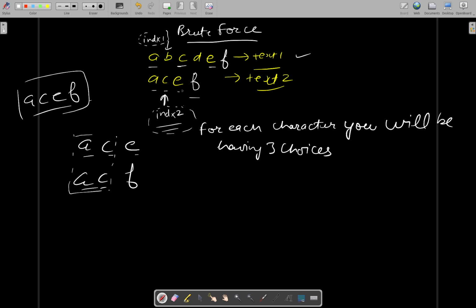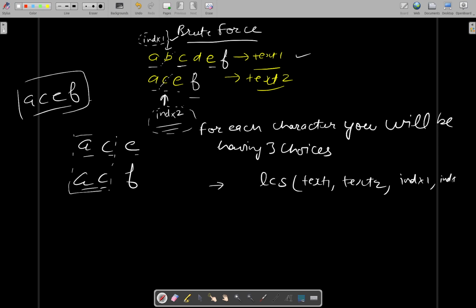First one being that you can skip this character if it's not matching with the character that is currently represented by this index 1. If these two characters are not matching as of now, we can skip this one instead of C. So let's say we are calling a function LCS and we are passing string 1, string 2, and these two variables, index 1 and index 2.